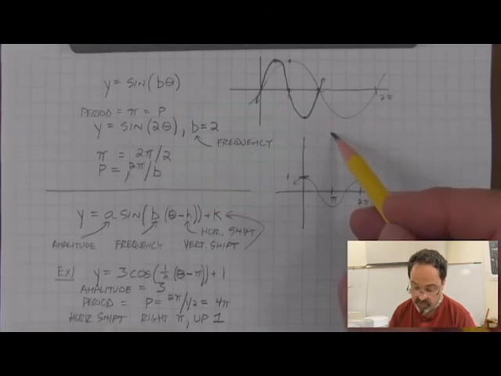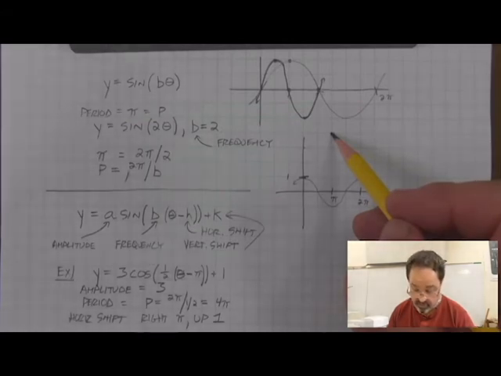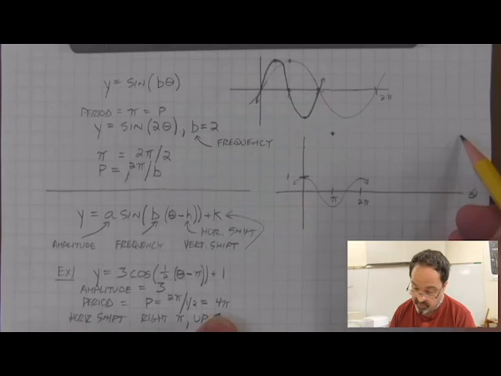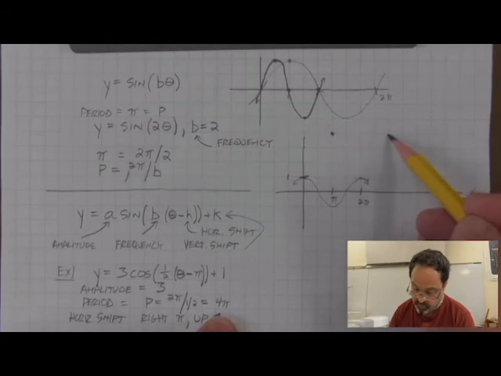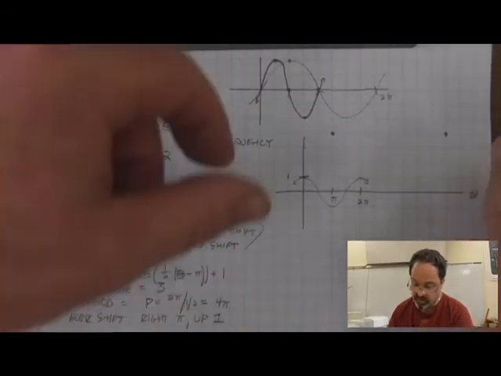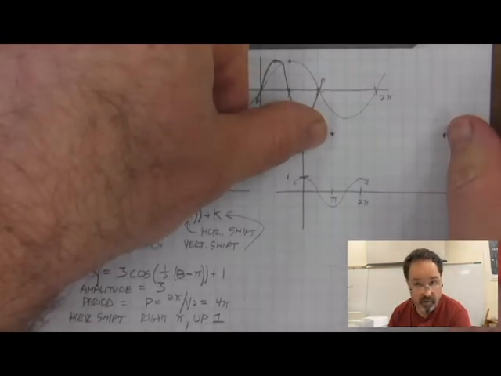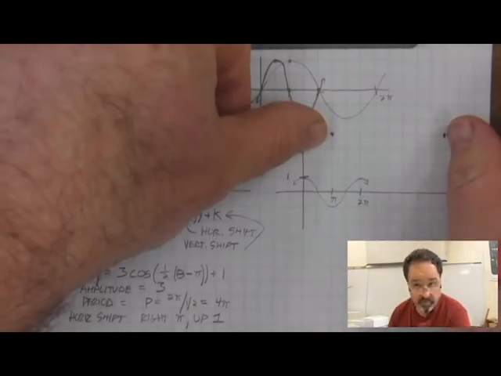If this is the location of the maximum of my cosine function, and I know that the period is 4 pi, then I will find another maximum 4 pi over. So if I'm at pi, I can go to 2 pi, 3 pi, 4 pi, and 5 pi. The space between these 2 points, which are now maximums, is the period of 4 pi.